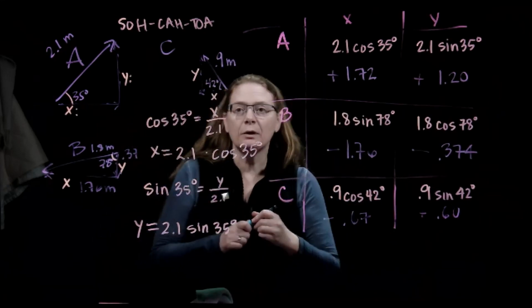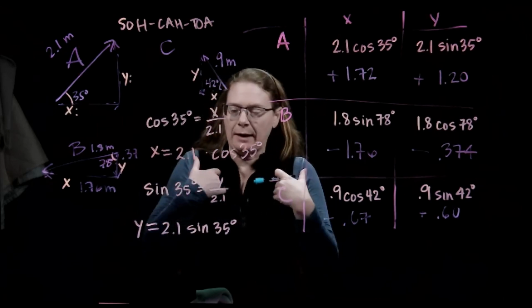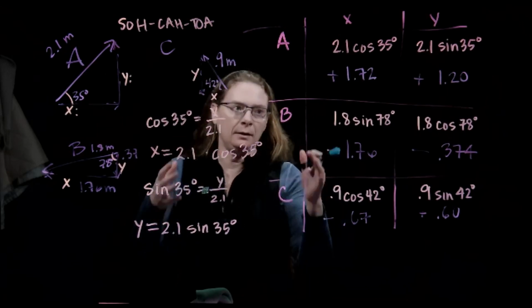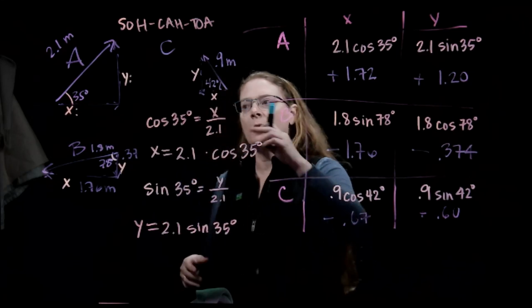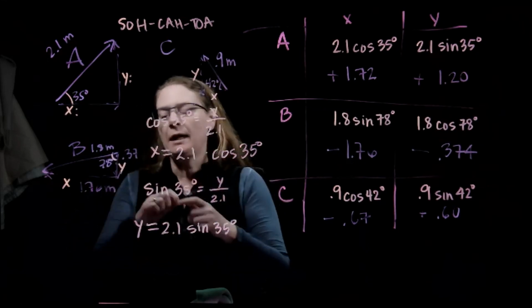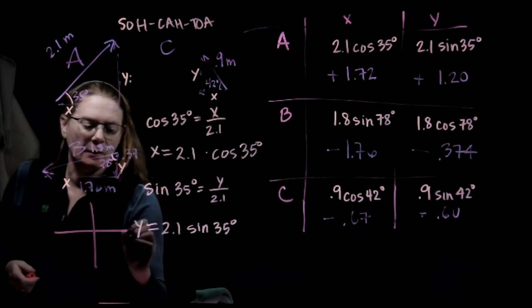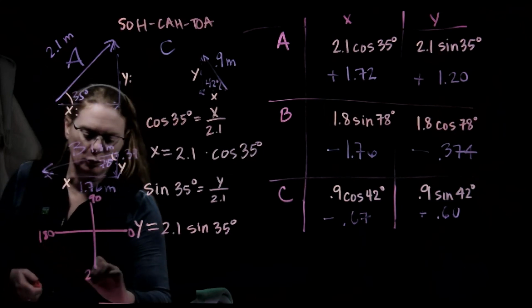So you have to be careful if you just do these little tiny triangles to stop and say, oh, wait, I have to add the pluses and minuses. If you don't want to have to do that, then for every single triangle, what you'll want to do is use the angle from 0. So 0, 90, 180, 270.